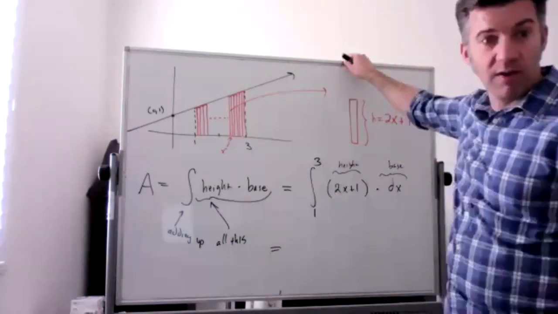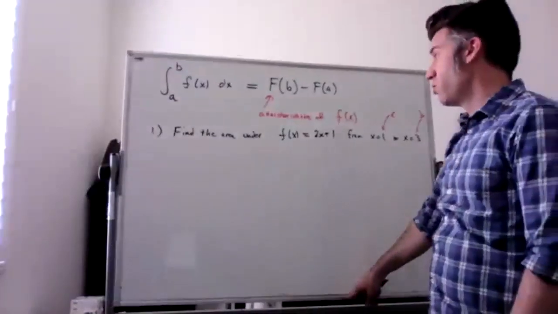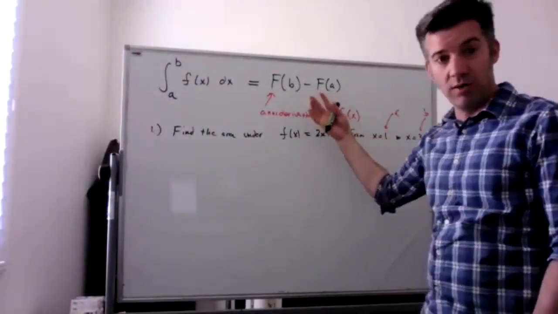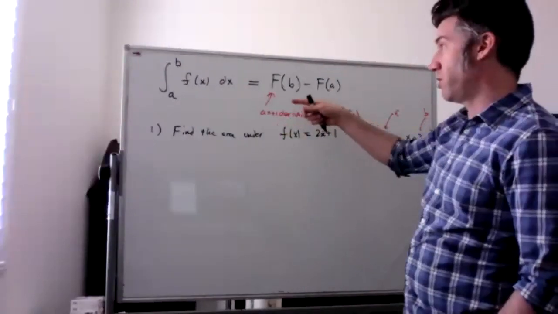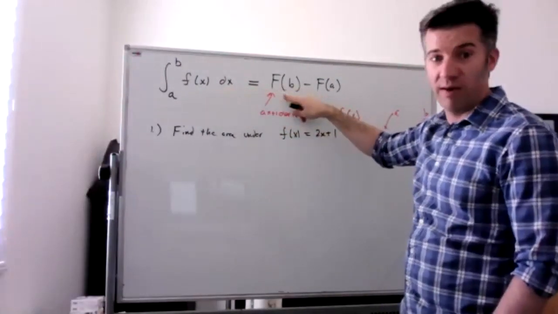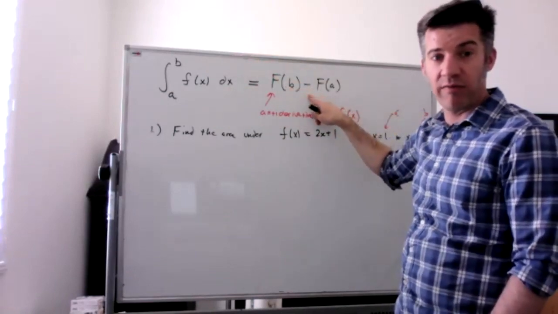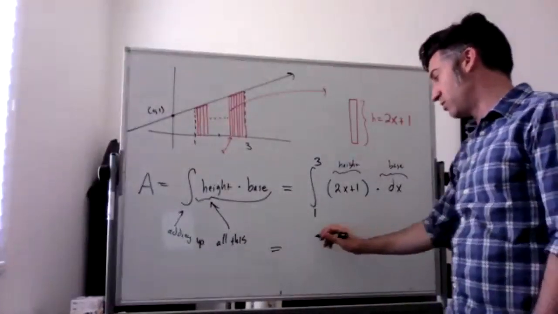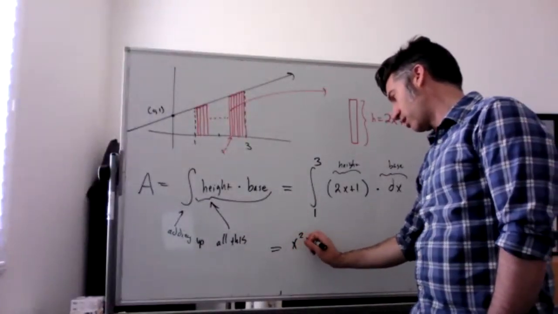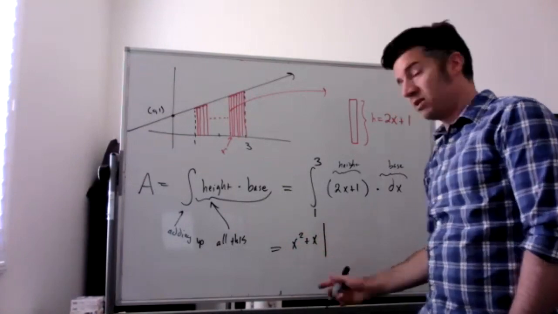So the fundamental theorem of calculus tells us that we can find the area under a curve by taking the antiderivative of that function evaluated at the top limit minus the antiderivative evaluated at the bottom limit. So antidifferentiating 2x plus 1, we get x squared plus x. This is typical notation.